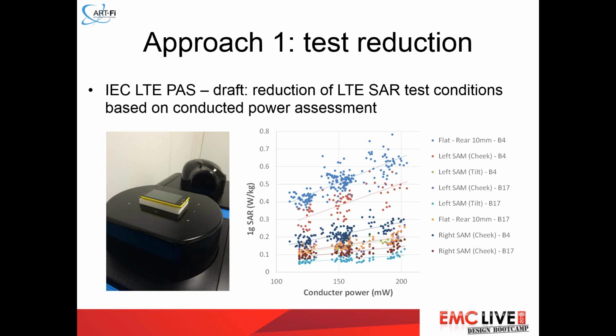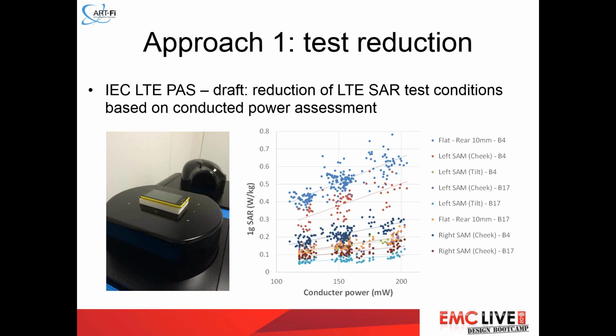And what you can see from here is that the SAR is basically linearly related to the conducted power, which is quite logical. You can see it's not perfectly proportional though. It's mostly because the conducted power testing conditions, especially in terms of loading, are different from the SAR testing conditions.